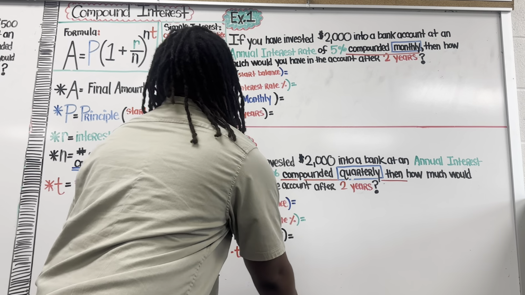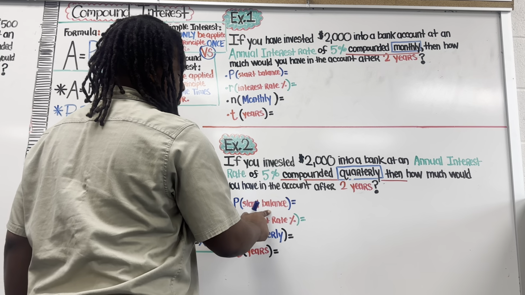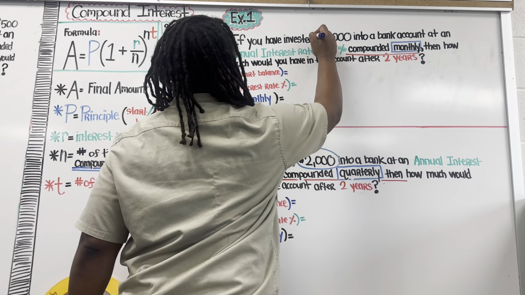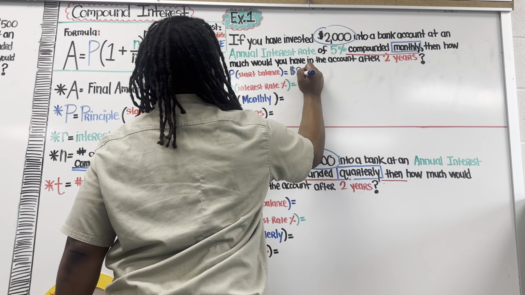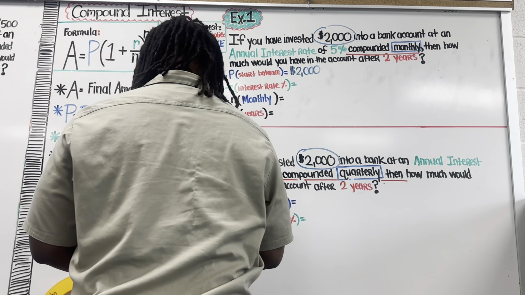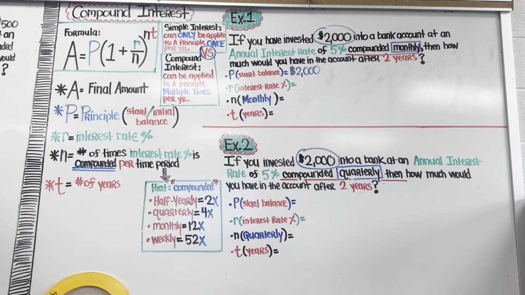All right, so once again, guys, in both situations, the principal or the start balance was $2,000. So I'm going to put 2,000 as P, $2,000, okay? And $2,000. Let me get another blue marker real quick.